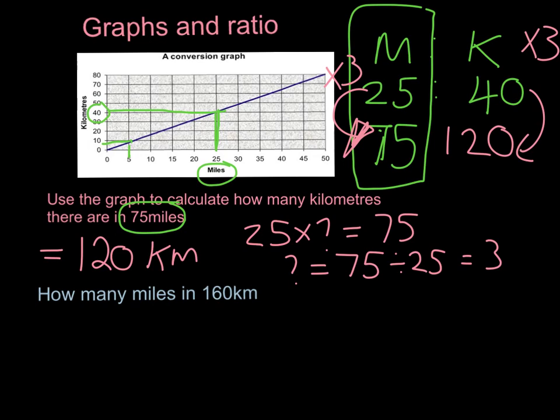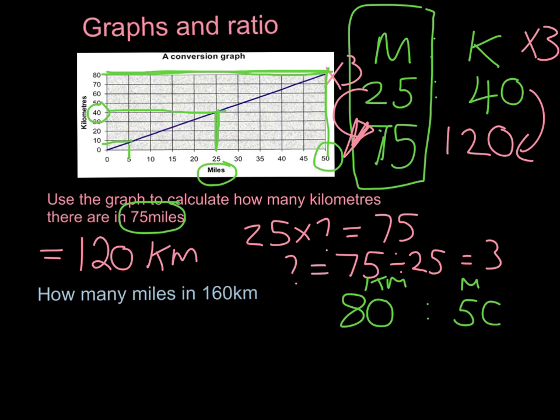Now the second part of the question is asking how many miles in 160 kilometres. So we need to use the same information to calculate for 160 kilometres. If we look at the graph, going the other way this time, 80 kilometres is 50 miles.